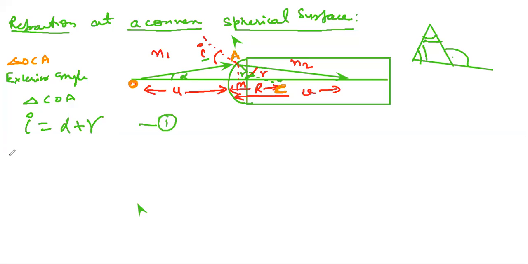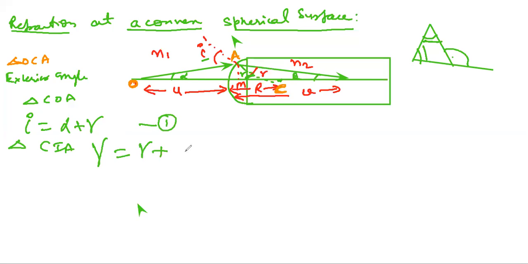Now we have to take triangle CIA. Gamma is the exterior angle of this triangle, with R, and we are taking this angle as beta. So gamma is equal to R plus beta.